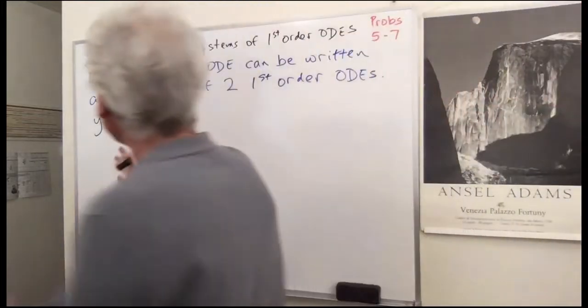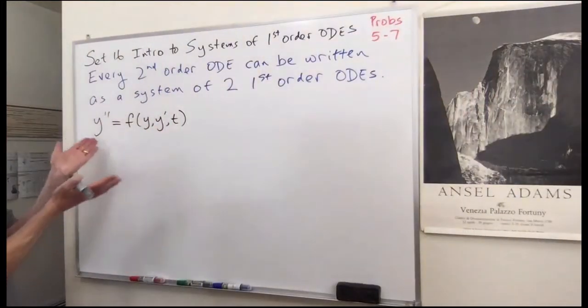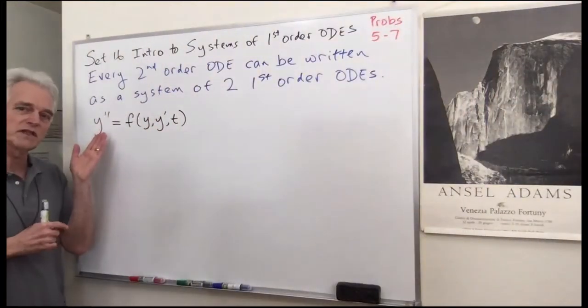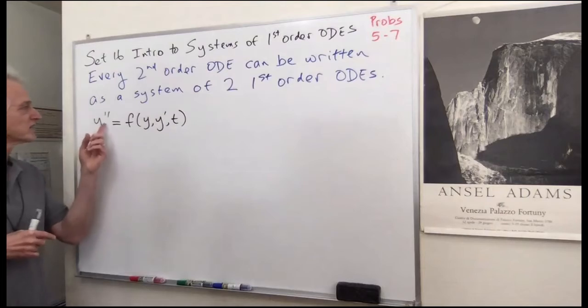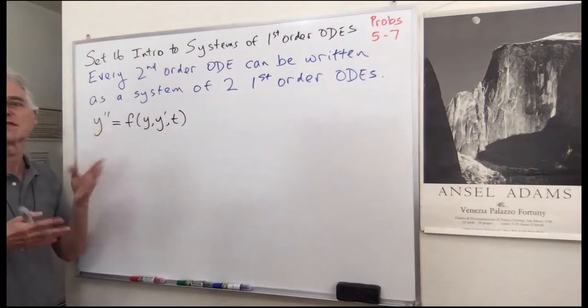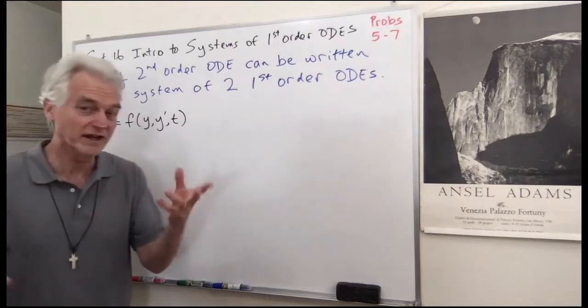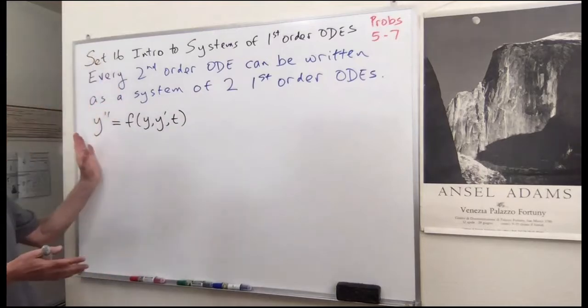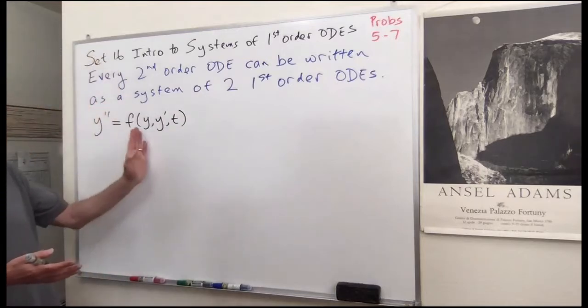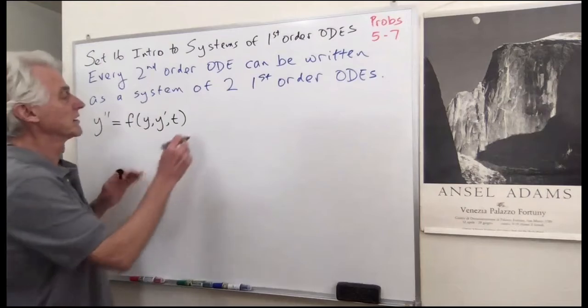Let's just kind of show this fact. If I have a second order ODE, and I'm assuming I can solve it for y double prime (I could have a y double prime squared, and I might be in trouble), but I can solve for y double prime as a function of y prime and t.